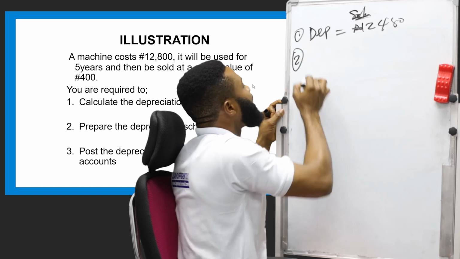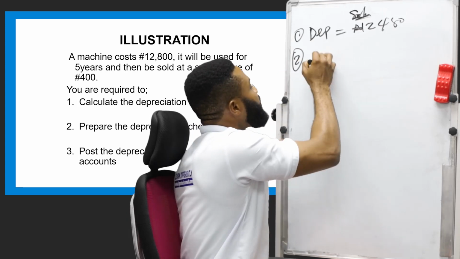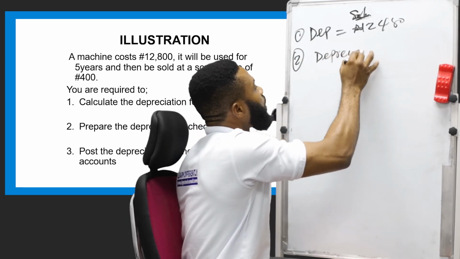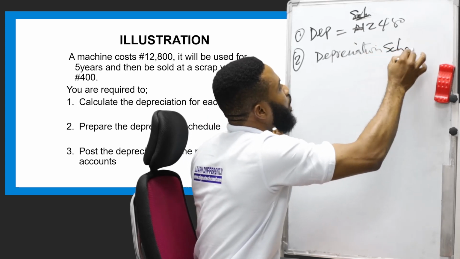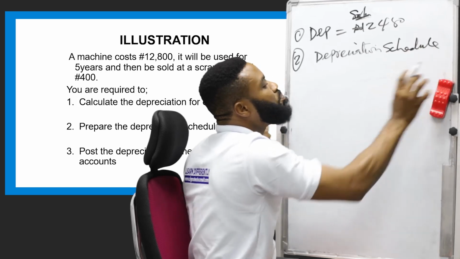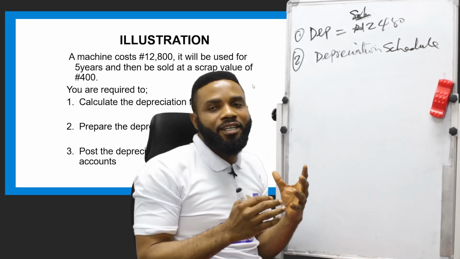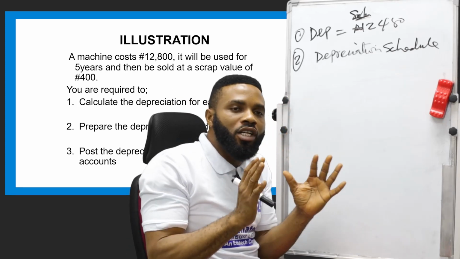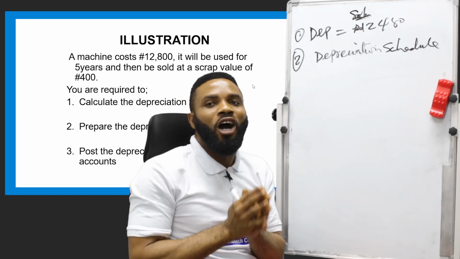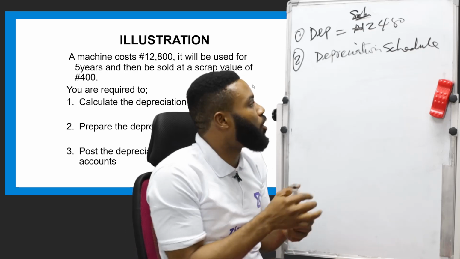Then the second one, they say depreciation schedule. A depreciation schedule is simply a tabular representation of the depreciation. When you put the depreciation in a tabular form, you have prepared what we call a schedule.